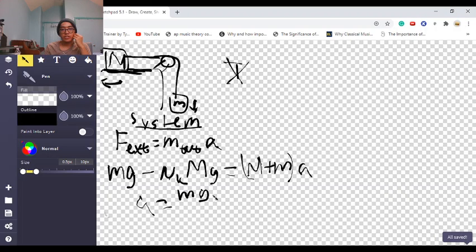The acceleration of the system is the exact same acceleration as the one that we just found, right?